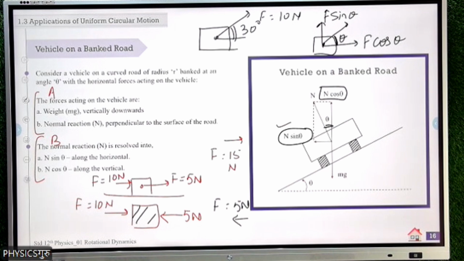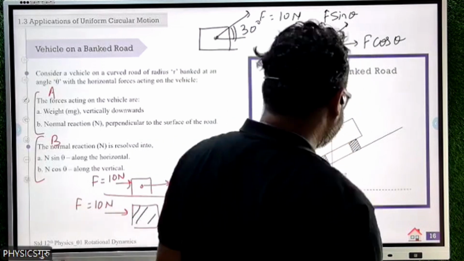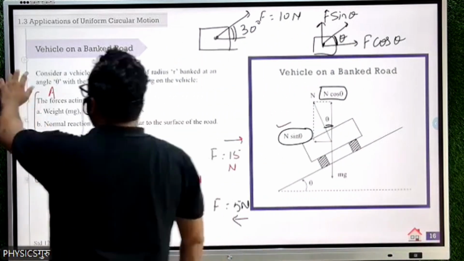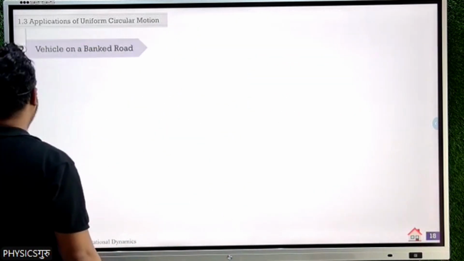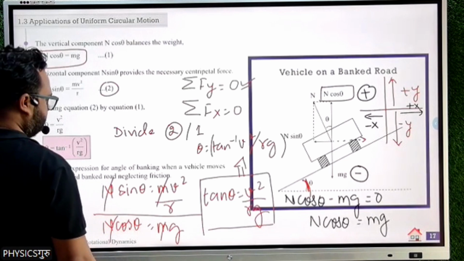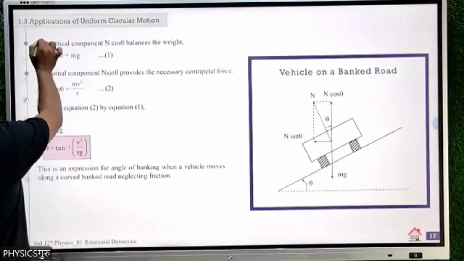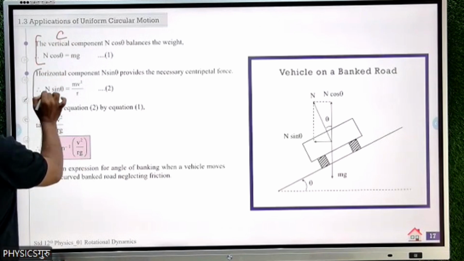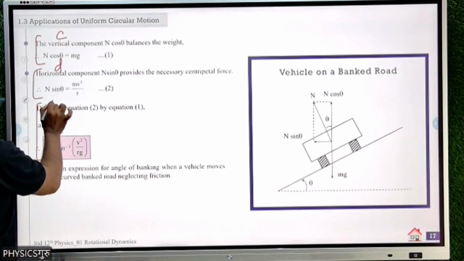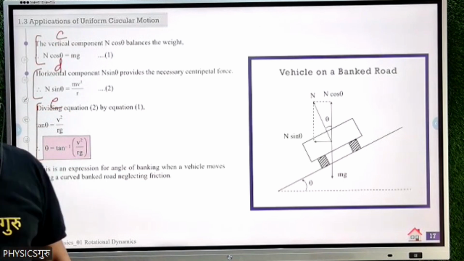So can you please change the side? Yeah, done? Okay. So next one. This one. This is point number C. This is point number D. This is point number E. Okay.